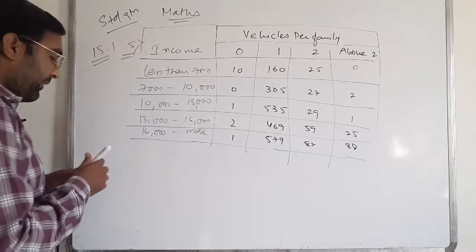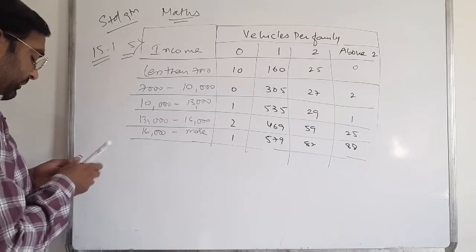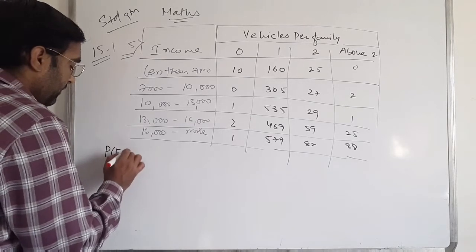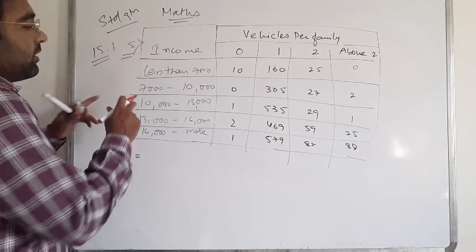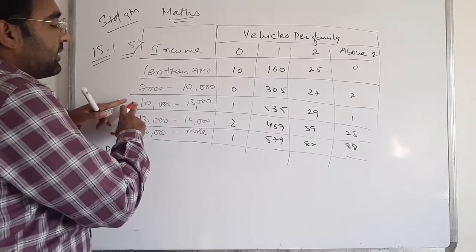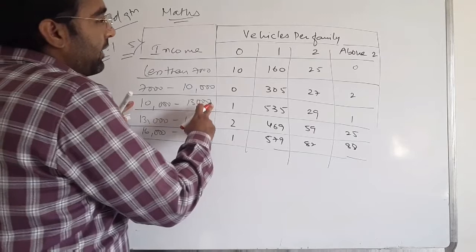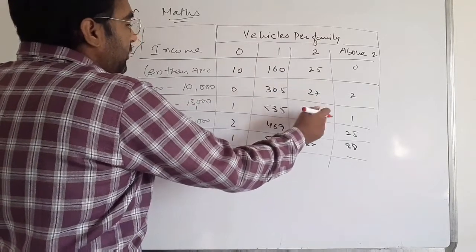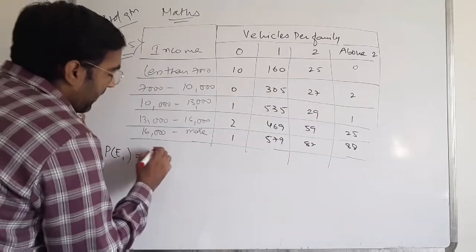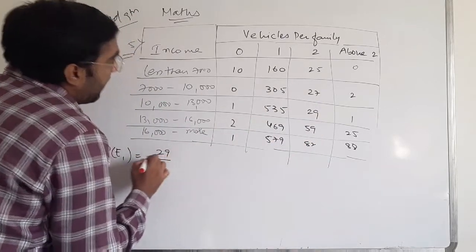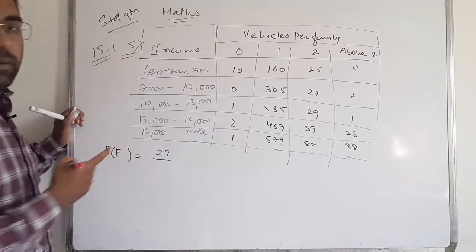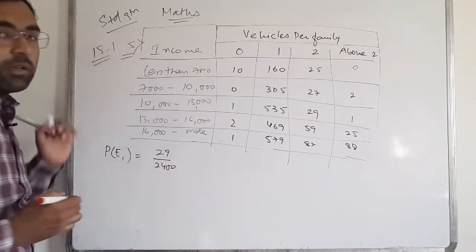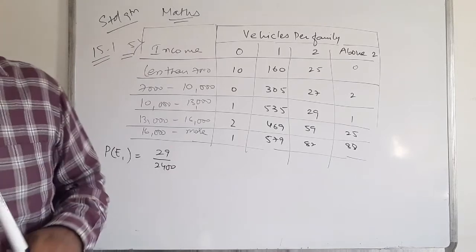First of all I'll write P of E1, that is income 10,000 to 13,000 and owning exactly two vehicles, that is 29 families. So my answer is 29 by total families 2400. Okay, clear? This is your answer.